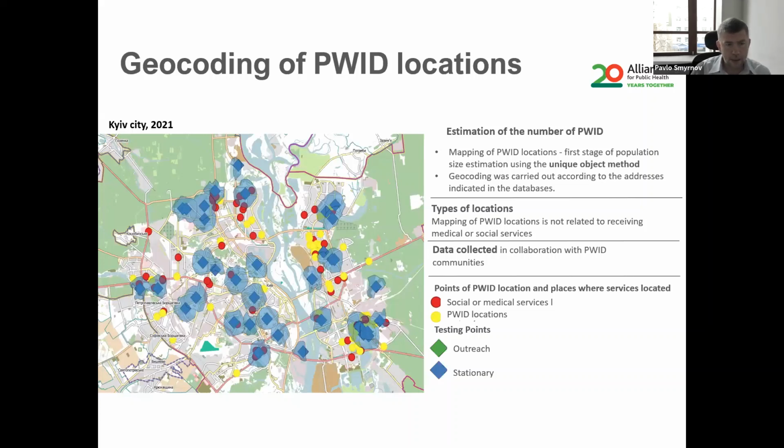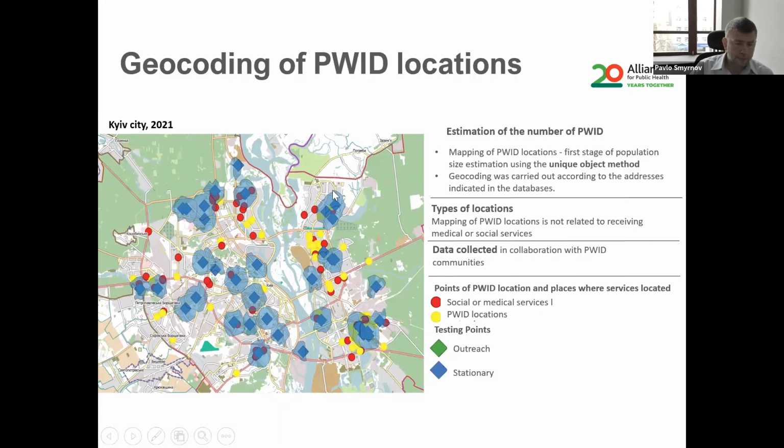You can see there are a number of locations or venues where people who inject drugs are living or gathering, which are not covered by any outreach or stationary points. So this is dynamic information which we need to collect regularly to see if there are any hotspots we need to move our services to.